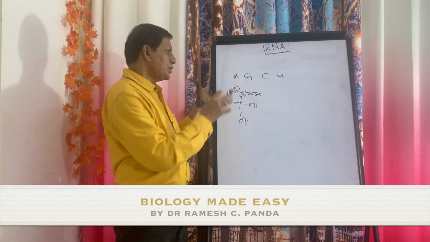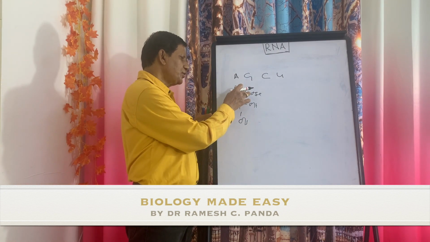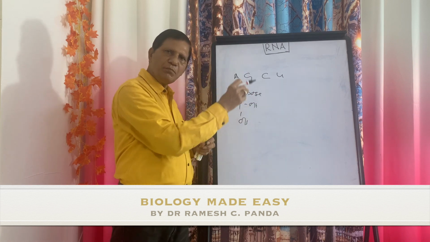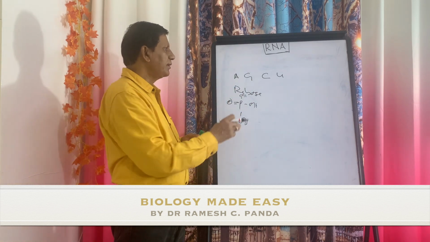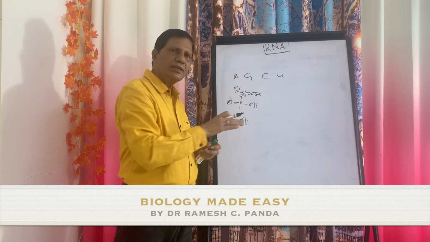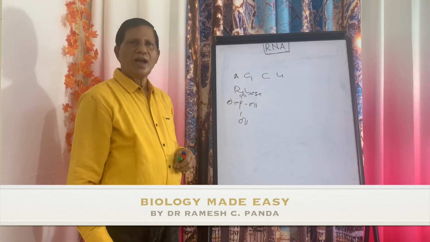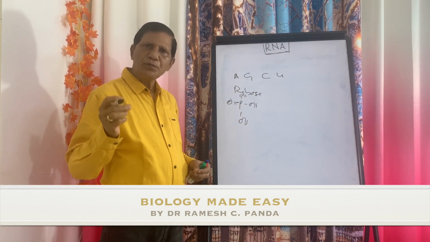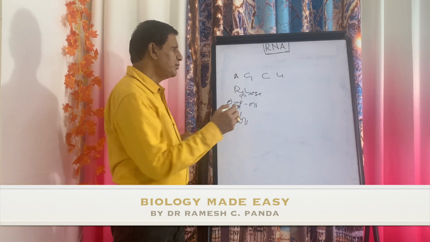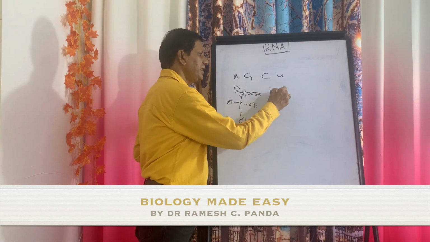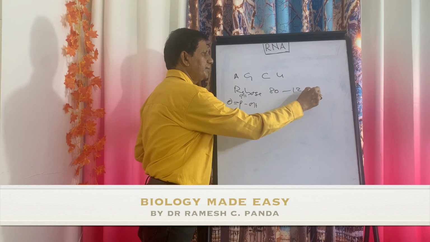So, just like DNA, the ribose sugar and the phosphoric acid form the backbone of RNA, while the nitrogen bases project inside. And the number of nucleotides in one RNA usually ranges from 80 to 12,000.